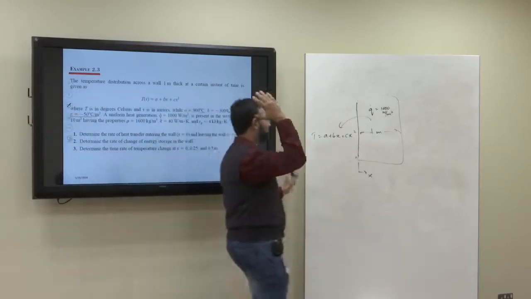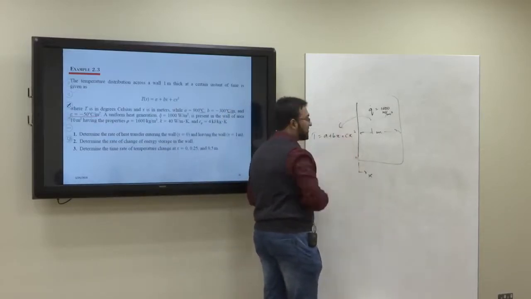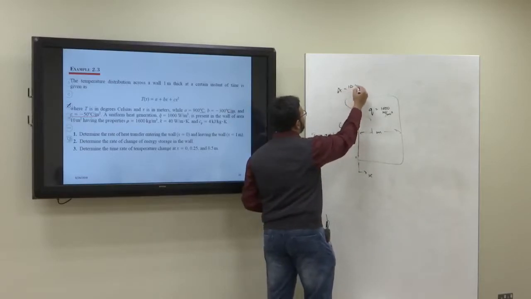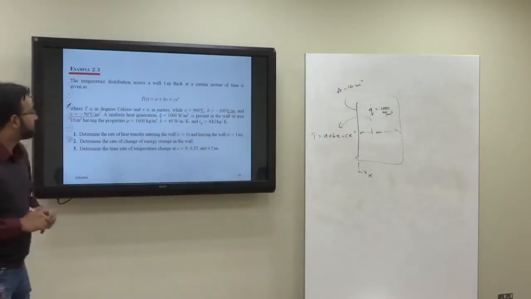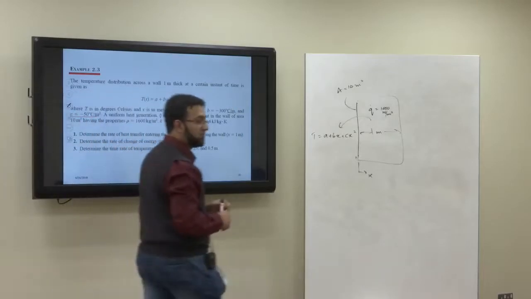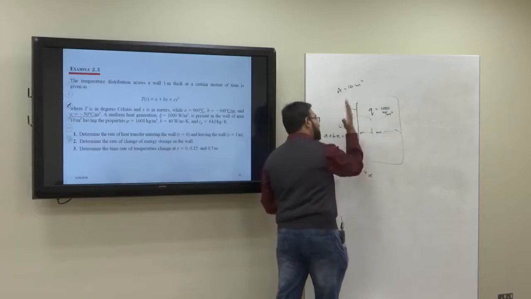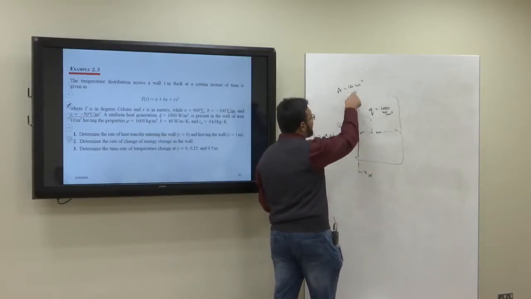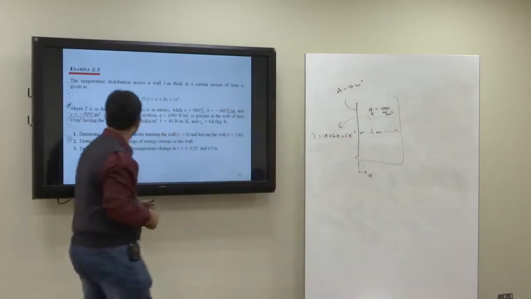The cross section of this wall is 10 meter square, but the thickness is 1 meter. Suppose this is the x axis, then the y and z axes together give a cross section of 10 meter square.